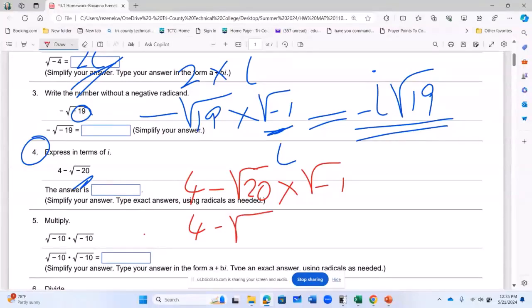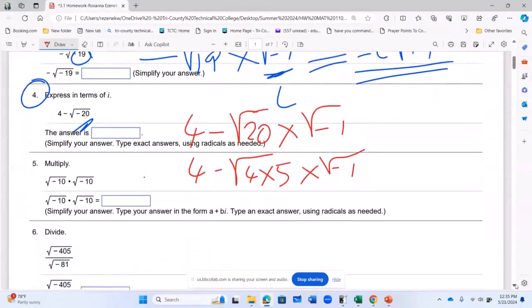So I have the square root of 4 times 5 multiplied by the square root of -1. I already know that the square root of -1 is i. And I can factor out the square root of 4 times the square root of 5. The square root of 4 is 2. So I have 4 minus 2 root 5, and this i here I can write behind or in front. So my answer is 4 minus 2i root 5.